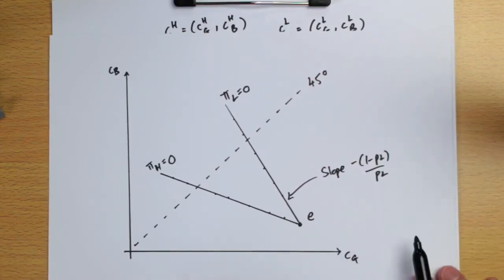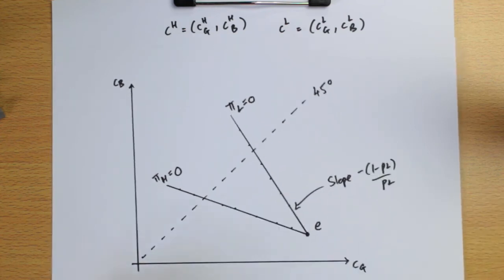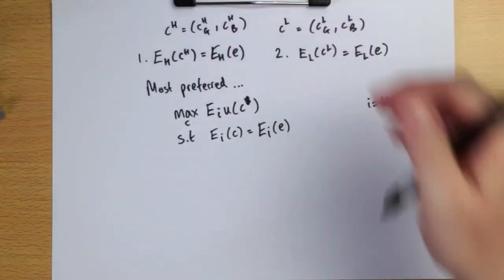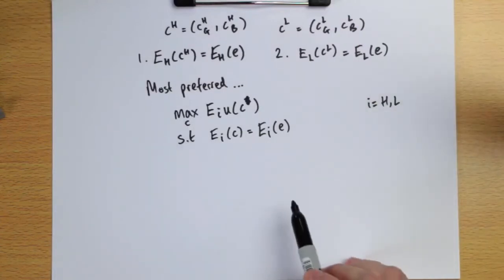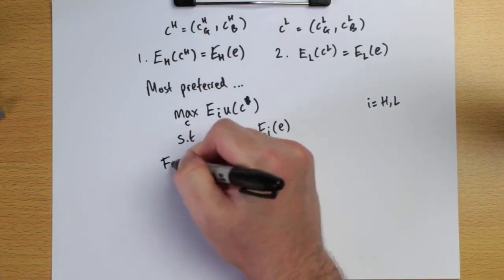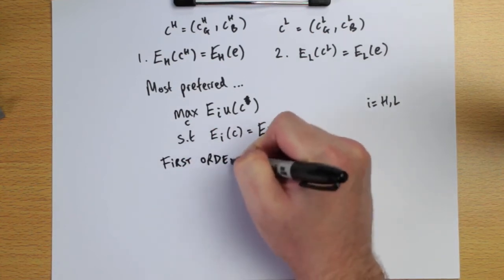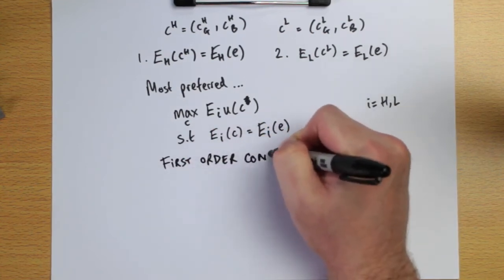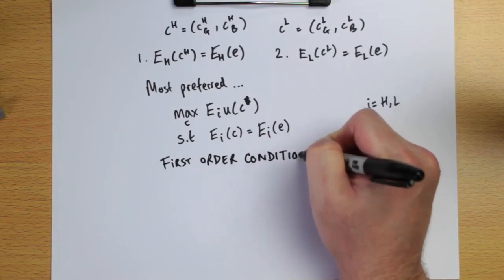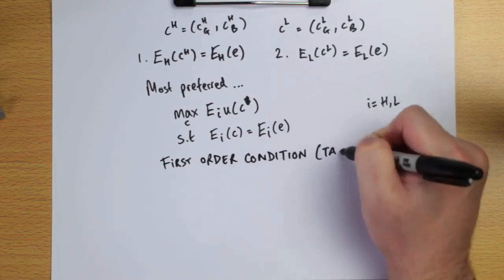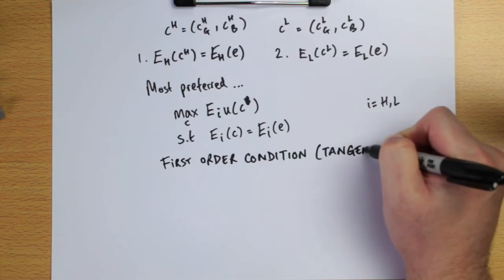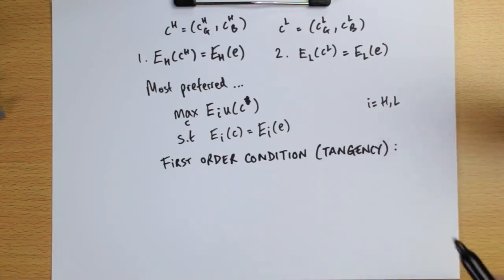We should be used to this by now: if I'm solving a problem like this, trying to get onto the highest indifference curve, the first order condition will always be slope of this equals slope of that. So a tangency condition, let's call it a tangency. So the first order condition will say the indifference curve will be tangent to the zero profit line.